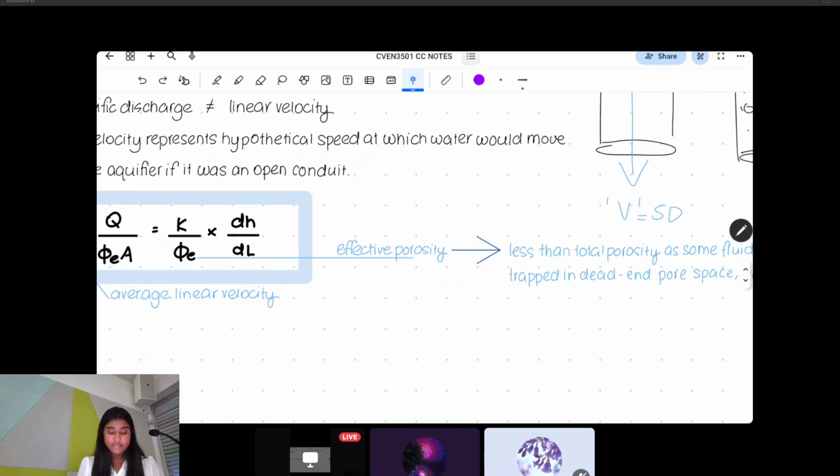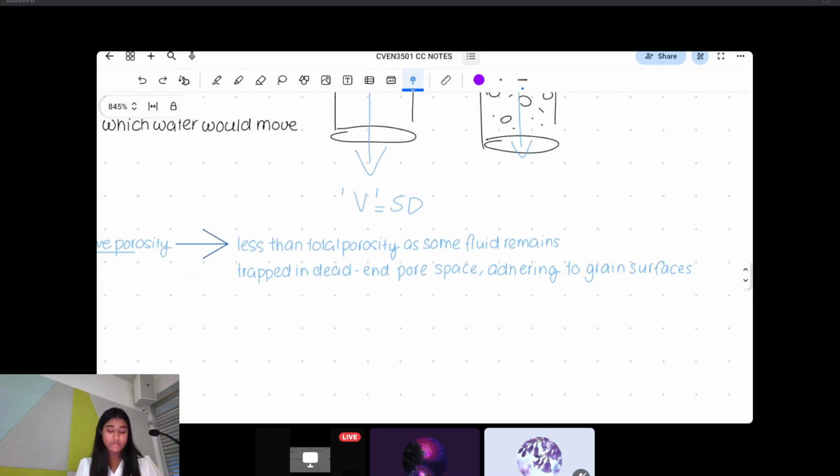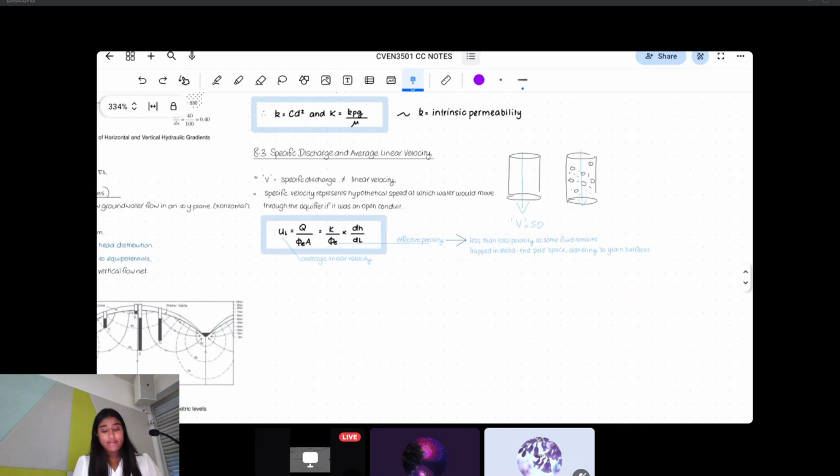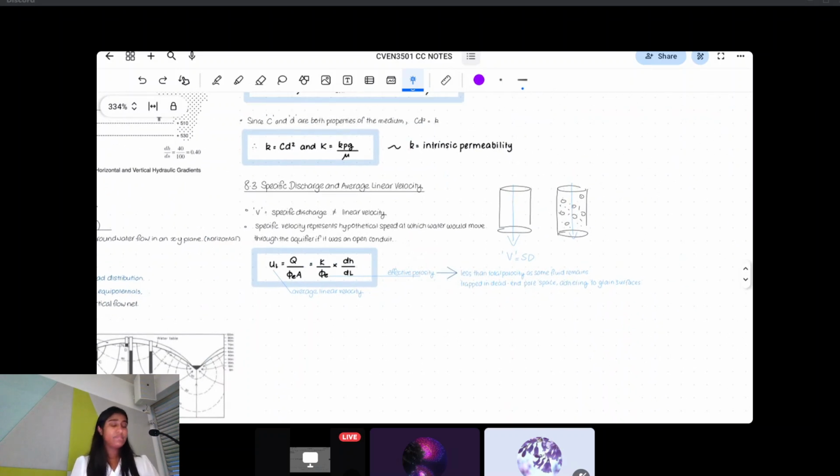And the effective porosity is usually less than the total porosity because some fluid remains trapped in dead end pore space. So the water can't actually flow through, so it's just left there, adhering to the grain surfaces or the bead surfaces or whatever's inside the Darcy's cylinder. Anyone have any questions on that? Okay.